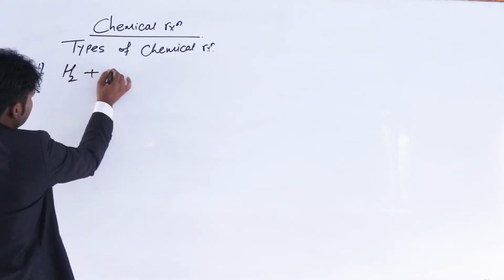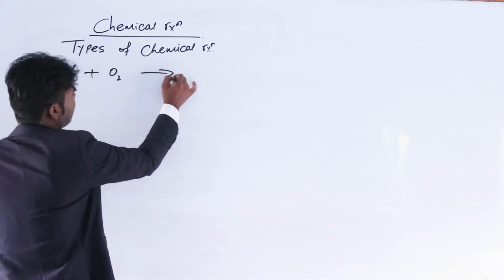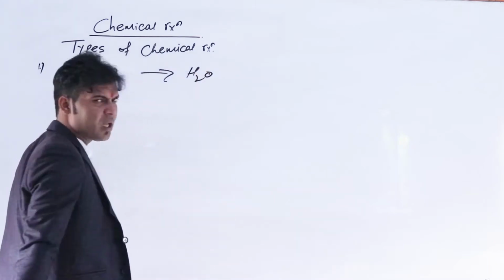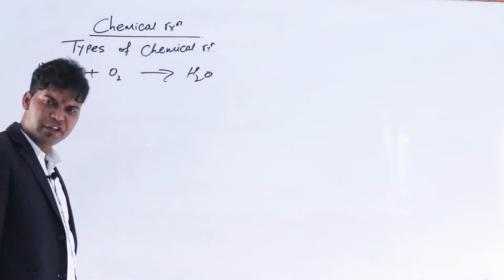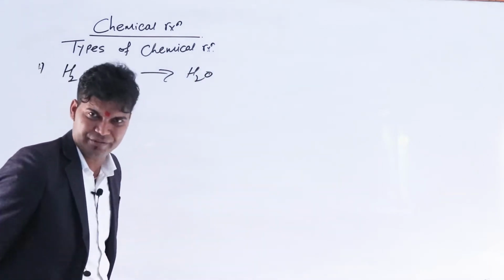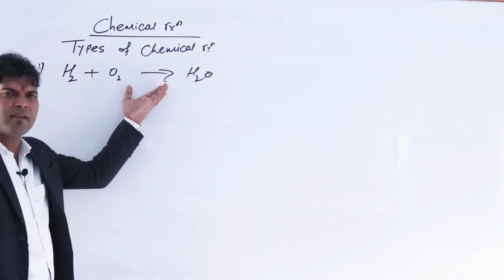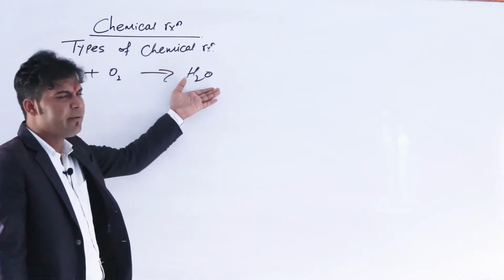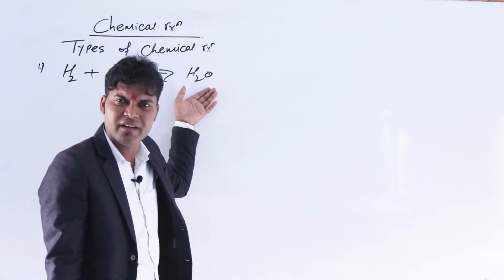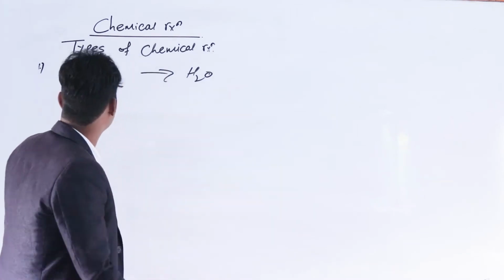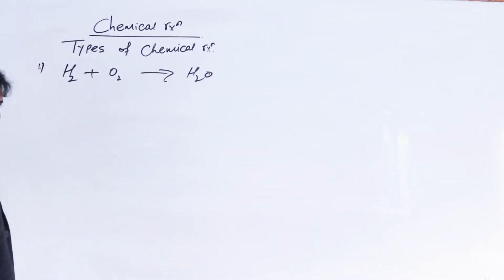H2 plus O2 gives H2O. This is an unbalanced equation, when the number of atoms or molecules in the reactant and in the product are not equal, isn't it? Okay. Balance it at first.